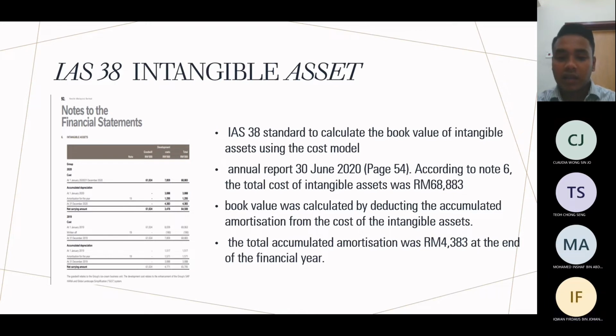In the annual report for the year ended 30th of June 2020, according to note 6, the total cost of intangible assets was 68,883, and the book value was calculated by deducting the accumulated amortization from the cost of intangible assets. The total accumulated amortization was 4,383 at the end of the financial year 2020.